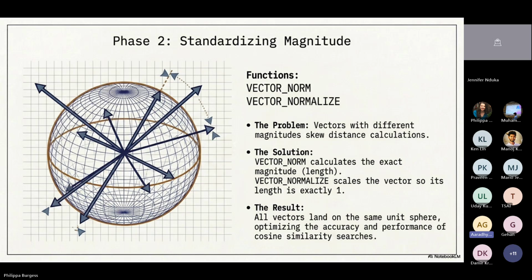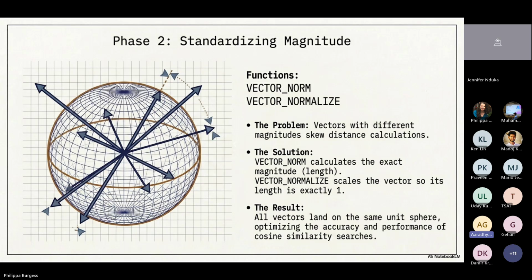Vector normalize goes a step further: it takes the magnitude and uses it to scale the vector down so that its mathematical length becomes exactly one, while preserving the exact direction in space.